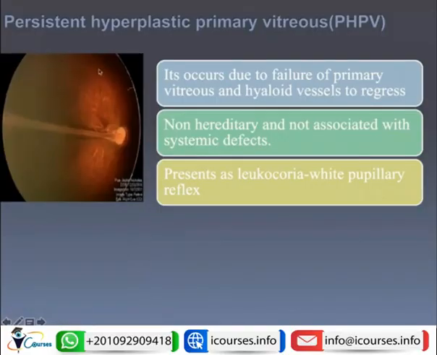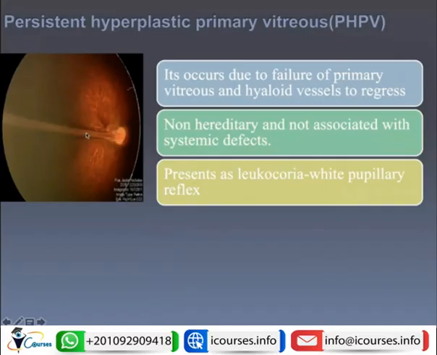Congenital anomalies of the vitreous: we have a famous congenital anomaly of the vitreous that is called persistent hyperplastic primary vitreous. The primary vitreous should be absorbed and atrophy and be replaced by the secondary vitreous. On some occasions, there will be failure of this primary vitreous to atrophy or to regress. The primary vitreous has the hyaloid vessels, so both the primary vitreous and the hyaloid vessels fail to regress.